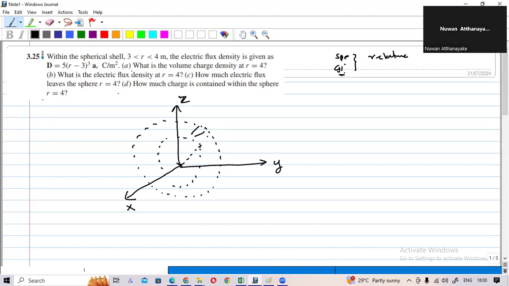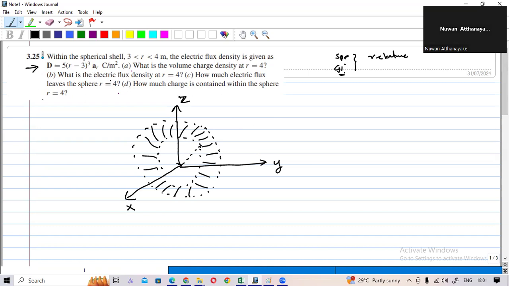So this is the spherical shell. The electric flux density is given as this one. Okay, so the electric flux density is given like this. In this D, this is the surface electric flux density.